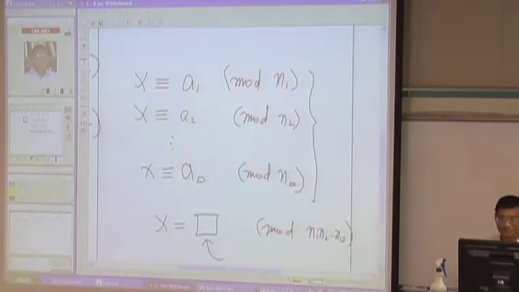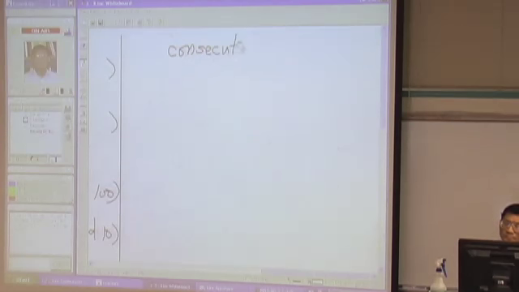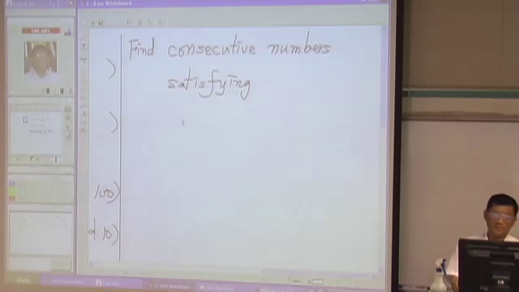First of all, you can make up any kind of problem. Oh, I want to find consecutive numbers. So this is used in any consecutive number. Find consecutive numbers satisfying your condition. For instance, first number, say A, is divided by something to the power of 5.